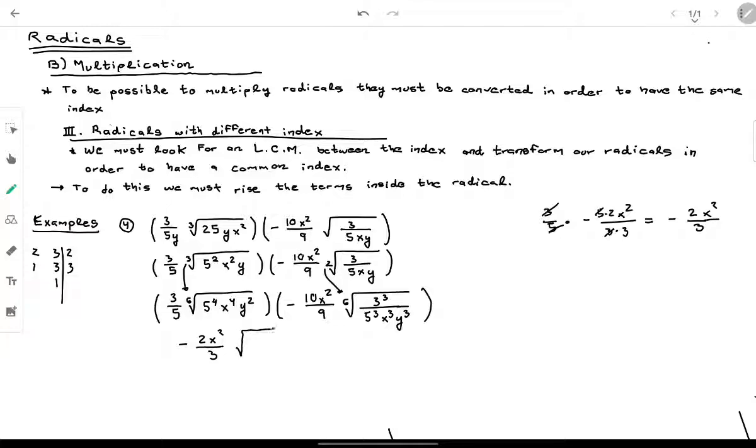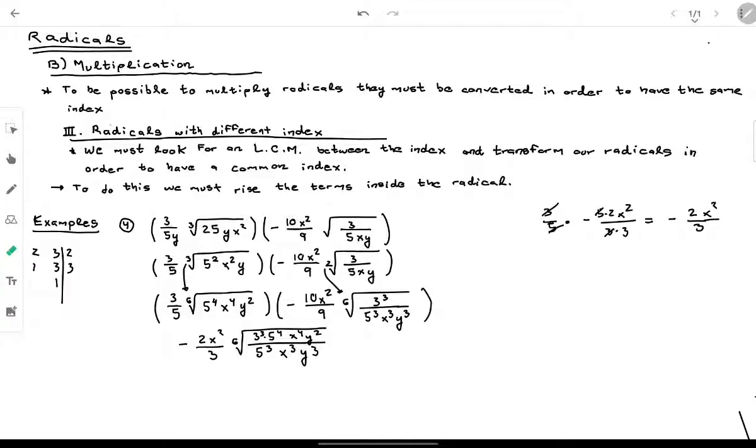And on the inside part of the root, on top, I have 3 cubed, 5 to the 4, that multiplies x to the 4 y squared. On the bottom part, I have 5 cubed x cubed y cubed. So what will happen here?